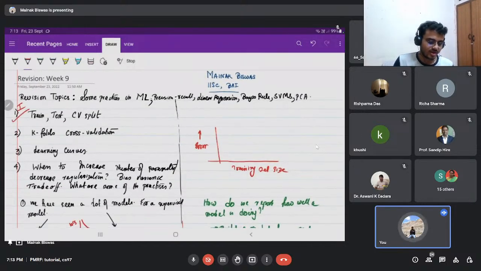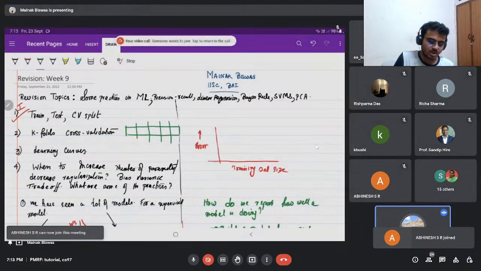So this thing we covered. There's another thing called k-fold cross validation. What do I mean by k-fold cross validation? I'll write it over here. You divide your data set into k folds, say 1, 2, ... k.